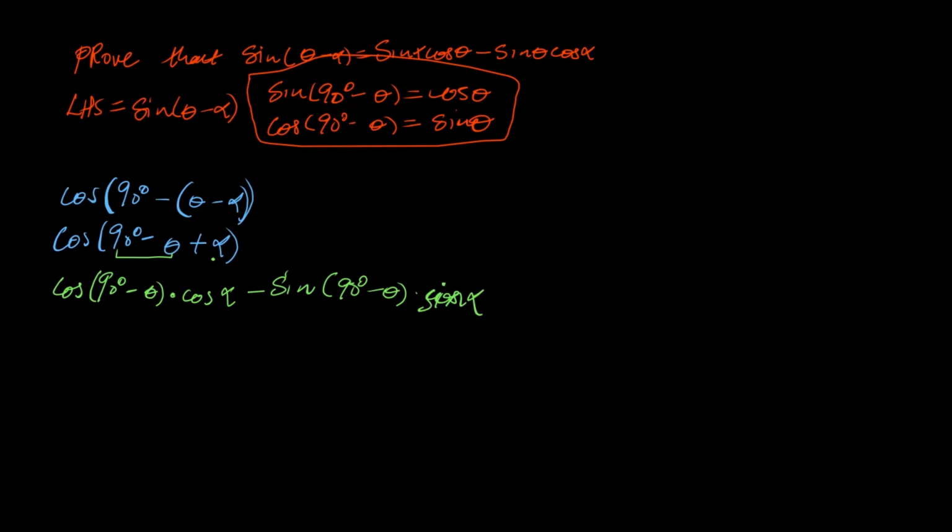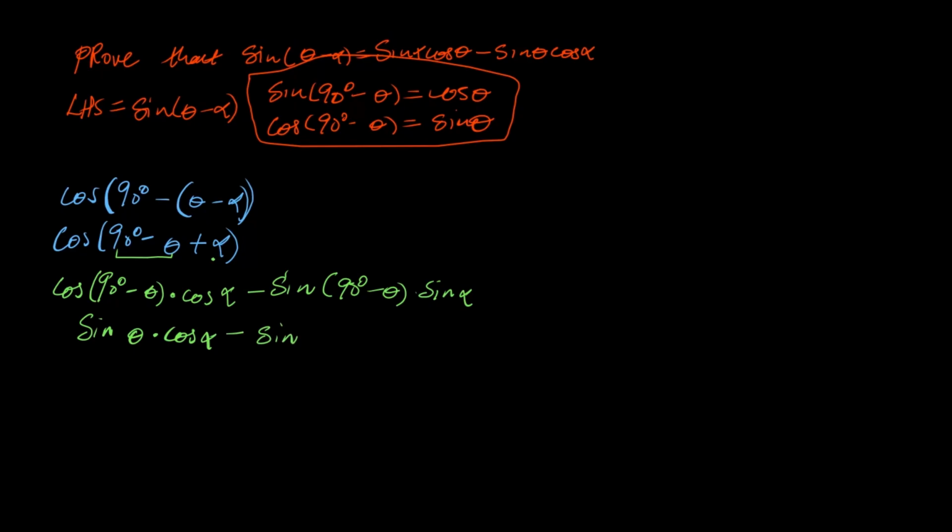Let's try to erase it in order to write it properly. This will be sine alpha. Thereafter, what is cos(90 degrees minus theta)? This will change to its co-ratio, which will be sin theta multiplied by cos alpha, minus sin(90 degrees minus an angle), which will simplify to cos according to the co-ratios up there.